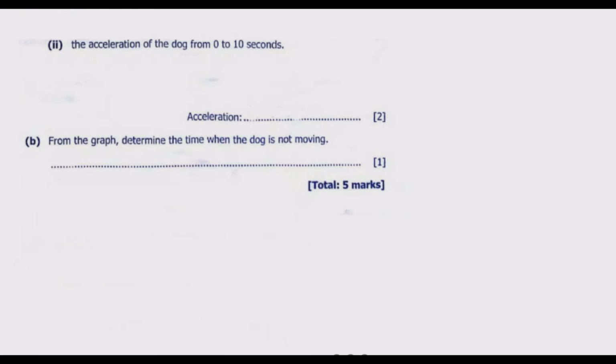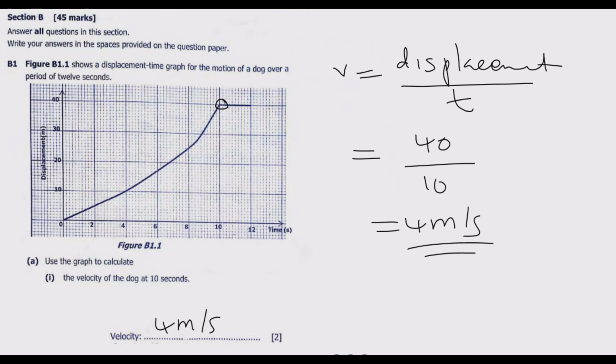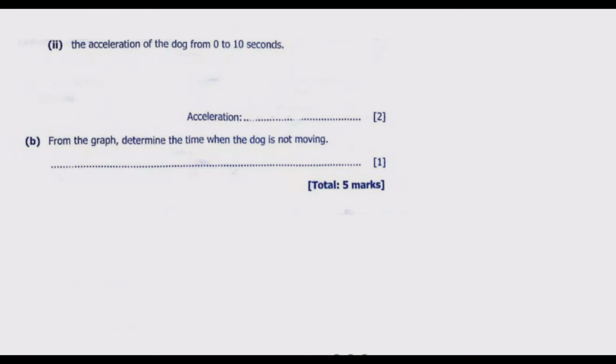We move to Roman numeral 2 of A. Using the graph, calculate the acceleration of the dog from 0 to 10 seconds. Acceleration is given by final velocity minus initial velocity over time.